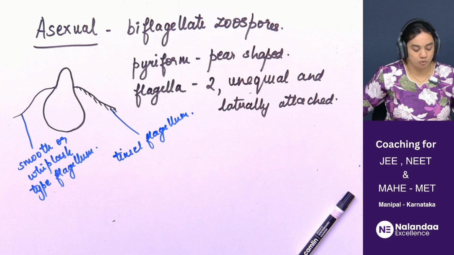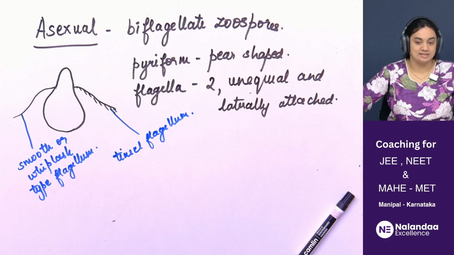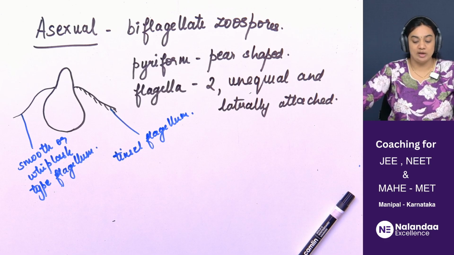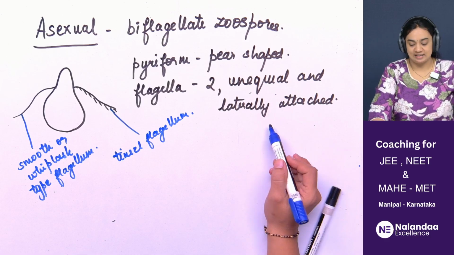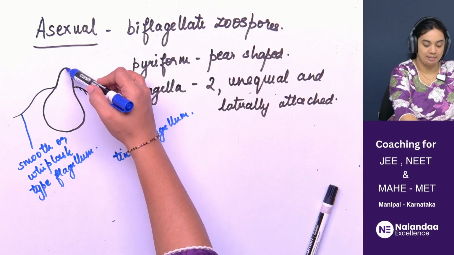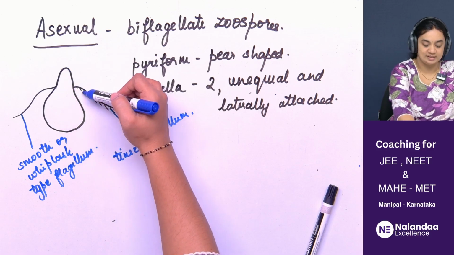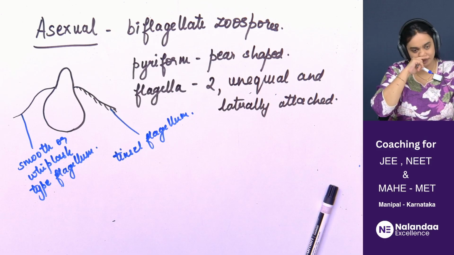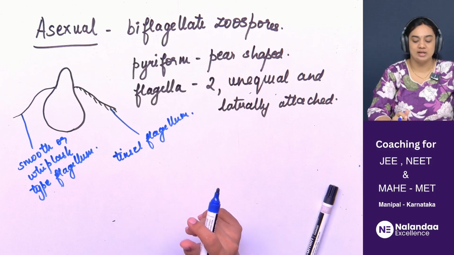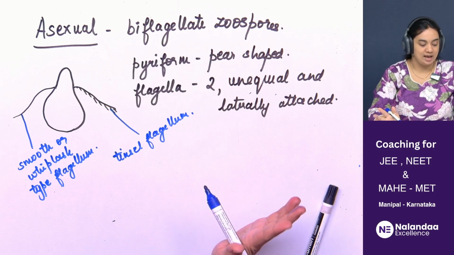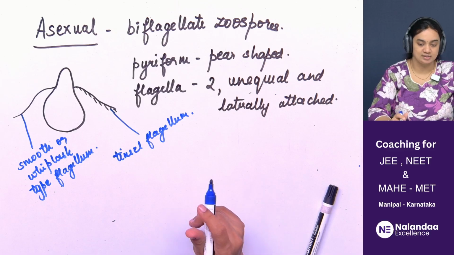Okay, smooth or whiplash type, the other one is the tinsel type. Now, because there are two different types of flagella present, we call it unequal, and then they are laterally attached. Apical would be from here, no, this is lateral on either sides or from the same side. So flagella are two, unequal and laterally attached. Is this clear?